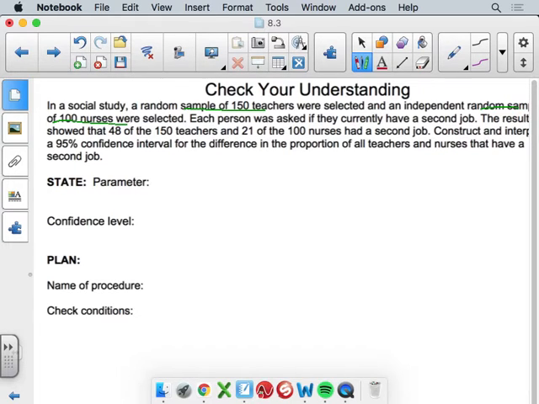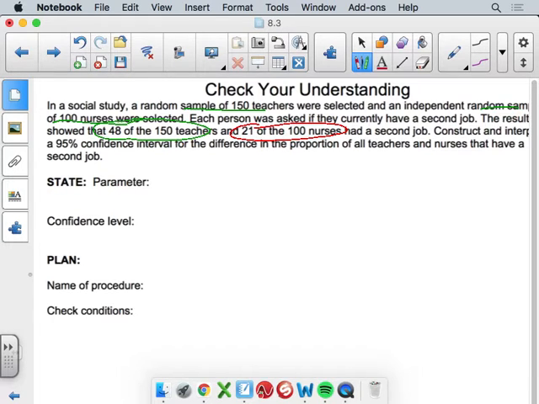Each person was asked if they have a second job. The results showed that 48 out of 150 teachers and 21 out of 100 nurses had a second job.